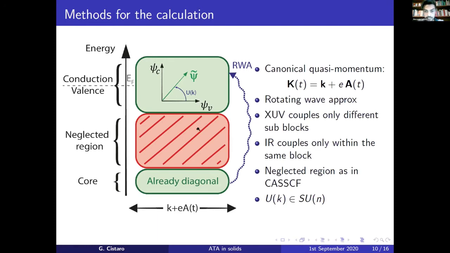And this is what people in quantum chemistry, in particular in the CAS-SCF method, are doing right now. And then we have the valence and conduction bands. In our calculation, since the bands are flat in k space, we can already work in the diagonalized basis for core levels.